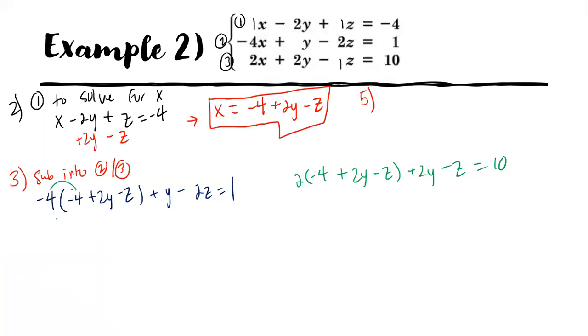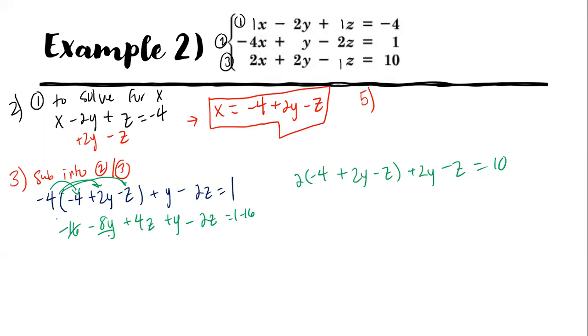I'm going to distribute. -4 times -4 is 16 minus 8y plus 4z plus y minus 2z equals 1. Combine like terms. I'm going to have to subtract the 16 so it can join its friend on the other side.